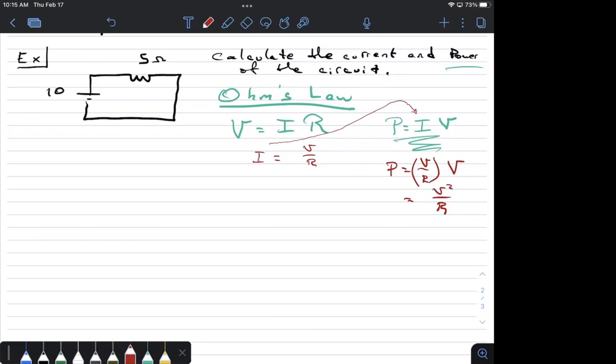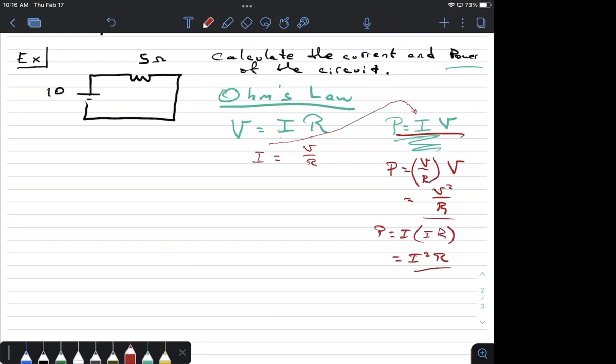And then, of course, you could do the same thing with the V. Instead of I times V, we could replace V with I times R, and we get power is I times R times I, which is I squared times R. Okay, so three ways of writing power.